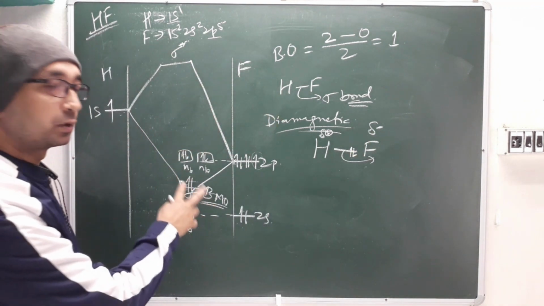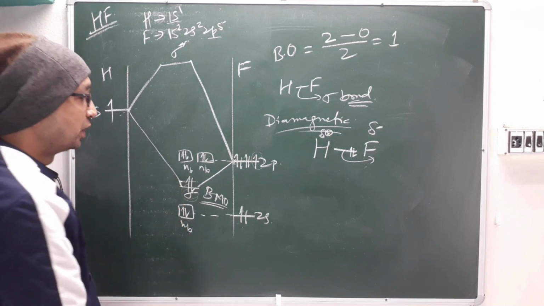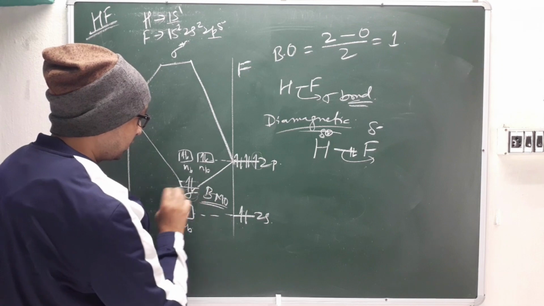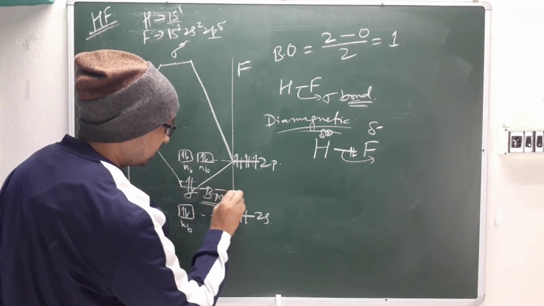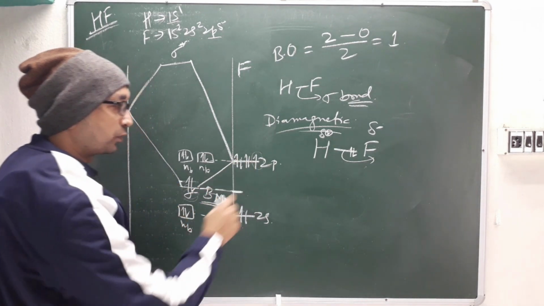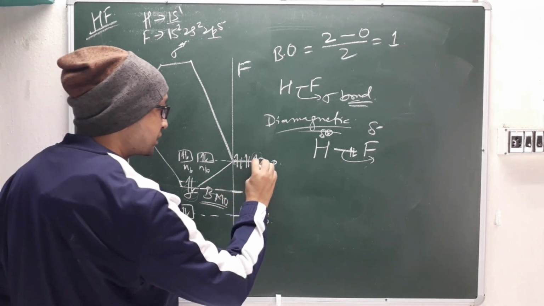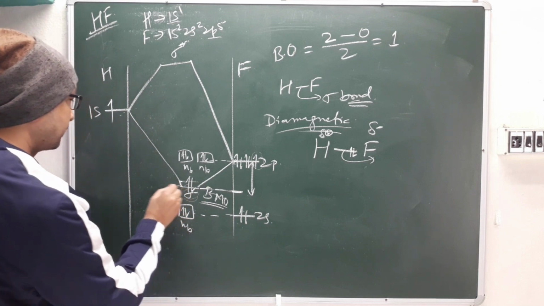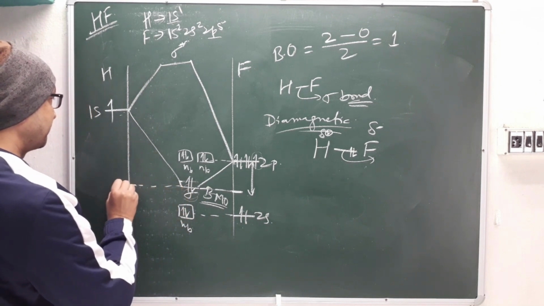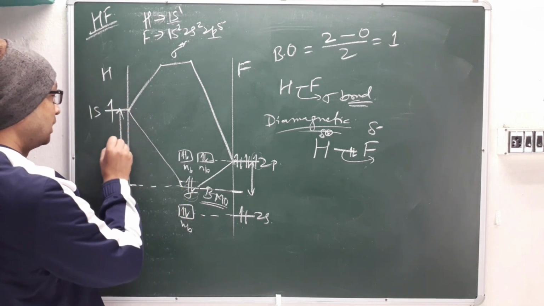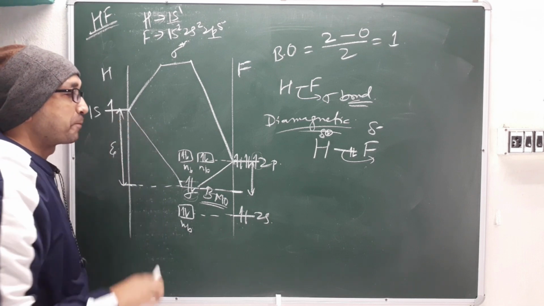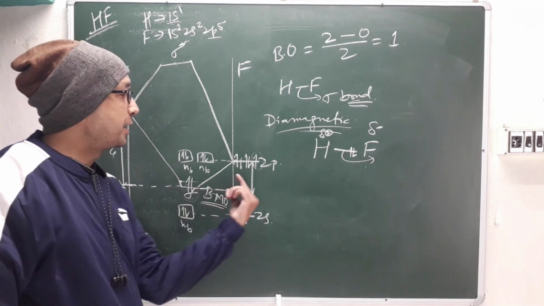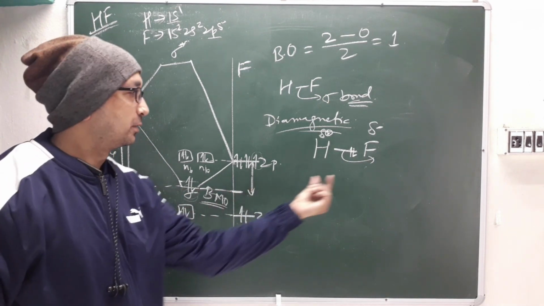Here you can see this MO diagram will explain it. This is fluorine's side, the bonding molecular orbital is here, and here is the orbital where the participation happens. So this energy gap is minimum, and if you extend from here to here, the energy gap is maximum, right? So you will see that the bonding molecular orbital is nearer to the fluorine side.